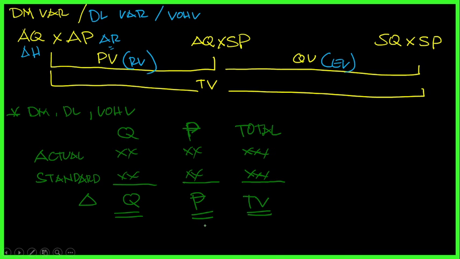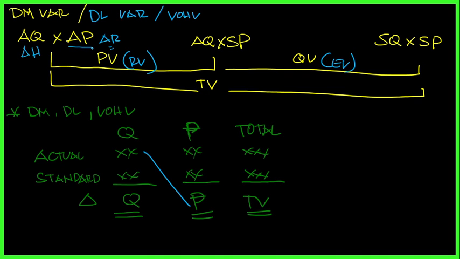So how do we compute for your variances? This one, multiplied by the difference in your price, is equal to your price variance. What is your price variance? That's the actual quantity times the actual price, minus actual quantity times standard price.